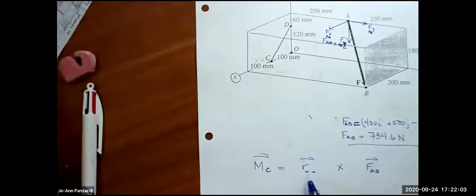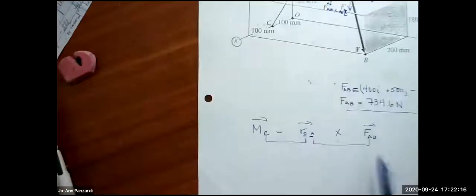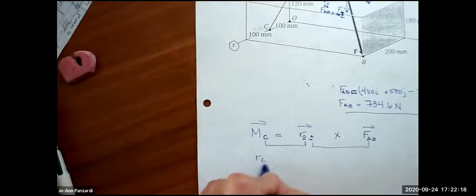From point A to C. Okay, the first point, again, C to A. And remember, the reason I remember this is I write this first. I just go from left to right, okay? We already have FAB, so let's do RCA.